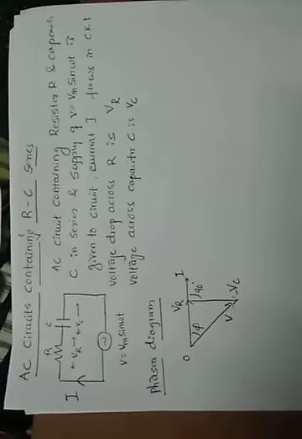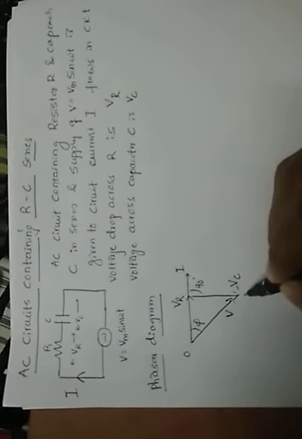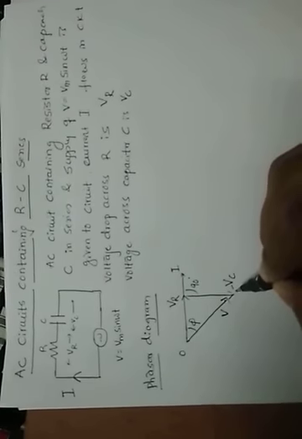Next we have to get the voltage and current equations. Here we can make a triangle OAB.